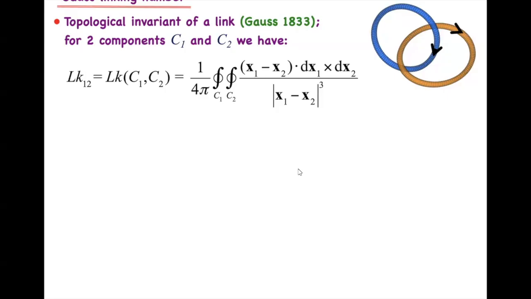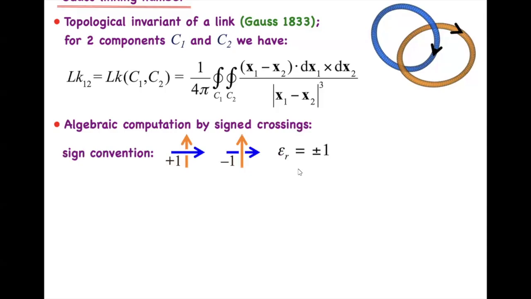From this, in words, you can prove that by using the sign convention that we use in standard knot theory, you can reduce this complicated formula to this one by counting the signs of the crossings. If you see a crossing, that counts +1 or -1. If you don't see any crossing, it's 0. That's why you can reduce this integral to where the crossings you see are present. Okay, so you count the crossings.